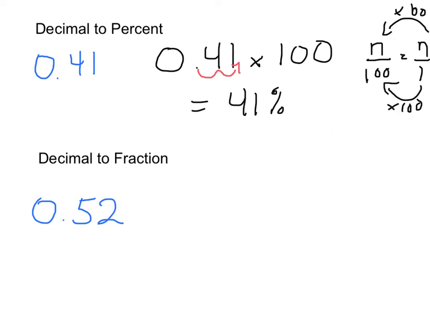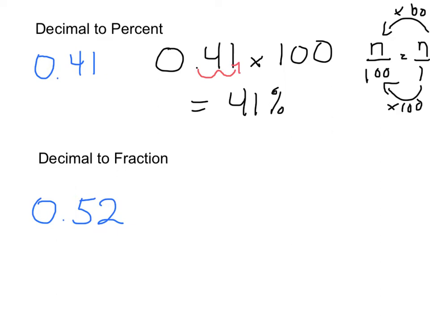Okay? Converting a decimal to a fraction is a little bit harder, and you just need to remember your number places. What you have to do is look at your decimal and look at what place the last number of your decimal is in. If you remember your decimal places, this number's in the ones place, this is in the tenths, this is in the hundredths.